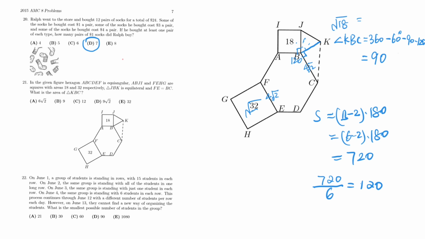Now the area of KBC equals one half times the base BK, 3 root 2, times the height, 4 root 2. So that's 12. The answer is C, 12.